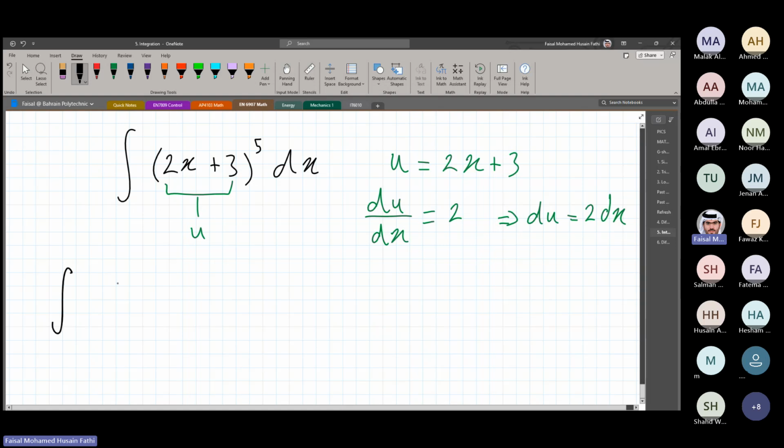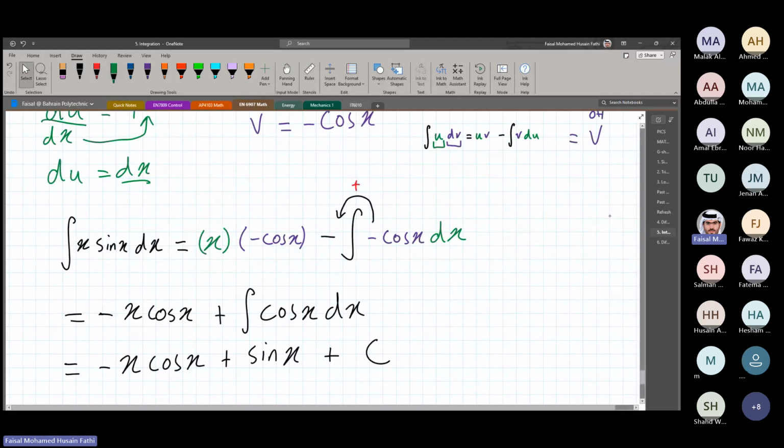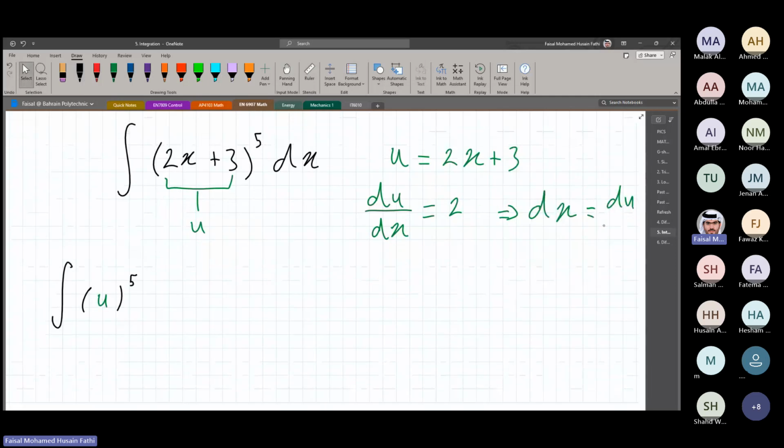So you're going to integrate now u to the power of 5. And here we need to substitute for dx. So instead of doing this, you're going to have it in terms of dx is equal to du over 2. You want to have it in terms of dx.